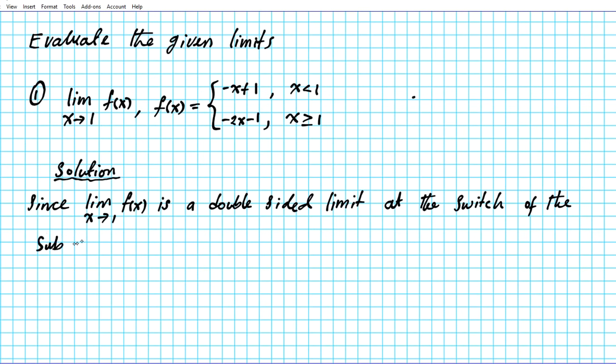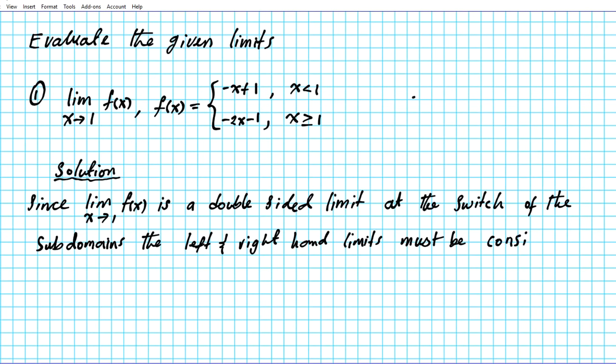So you're approaching an x value where you have the switch in the subdomains. In a situation like this, the left and right hand limits must be considered. Okay? So you gotta keep this in mind.